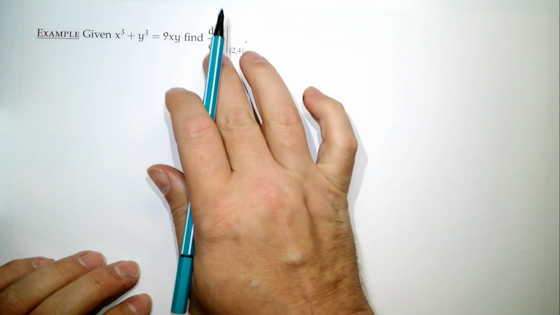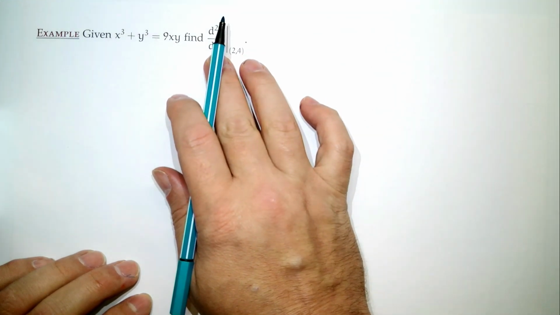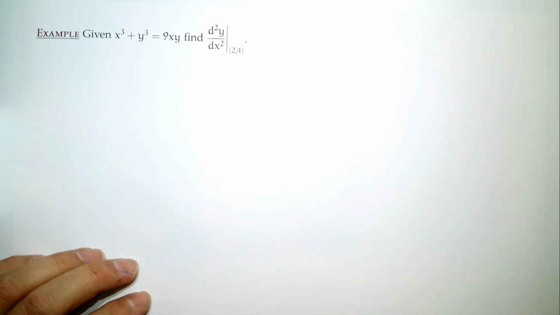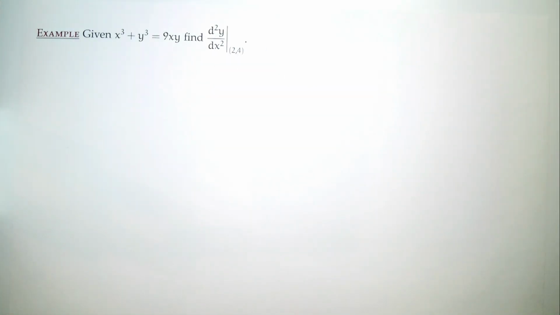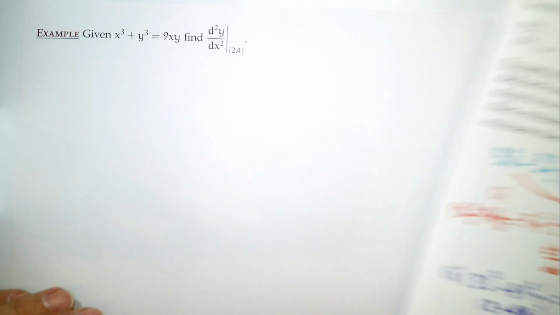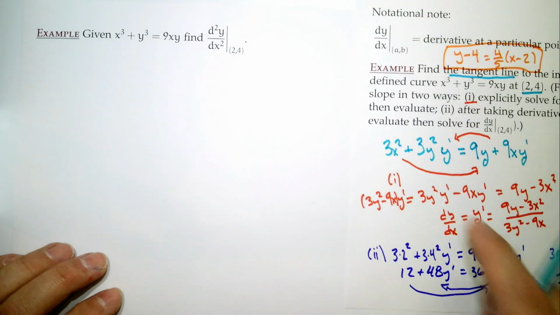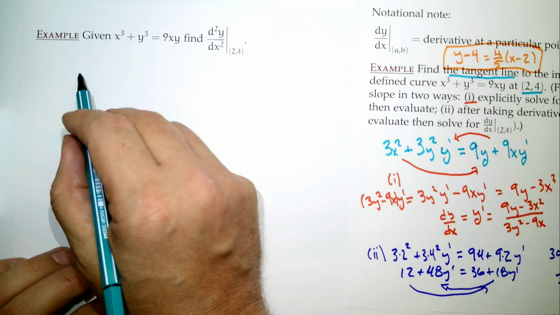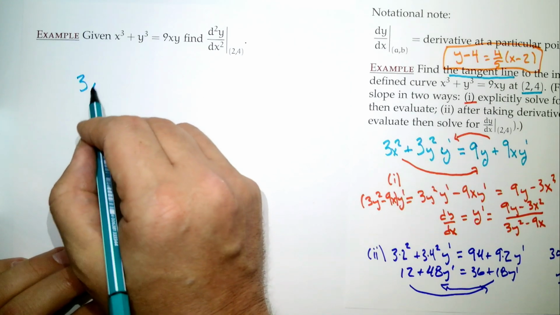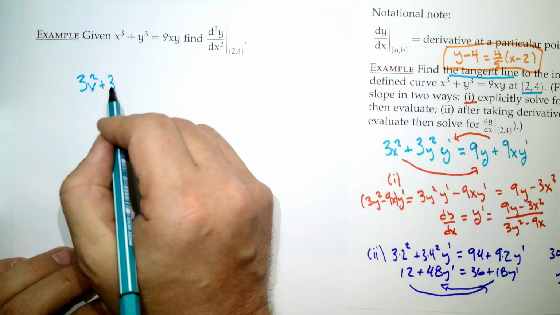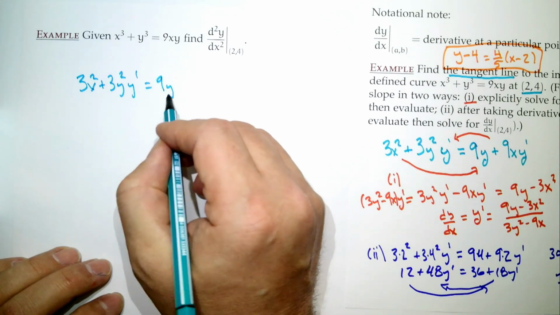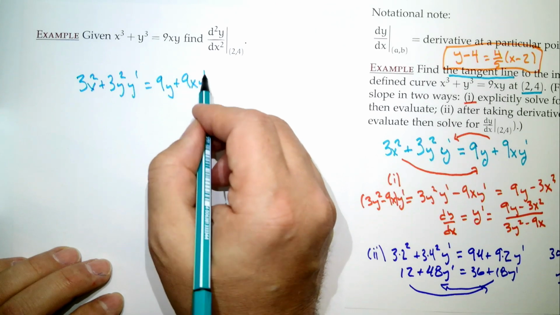Well, if you want the second derivative, you should find the first derivative. Now, we could repeat some of our work, or we can just say, hey, we did some of this work. Because it's the same curve, we can copy stuff down. So we have the following two things which are true: 3x squared plus 3y squared y prime is equal to 9y plus 9x y prime.